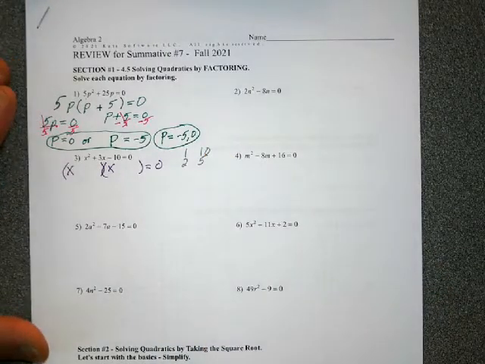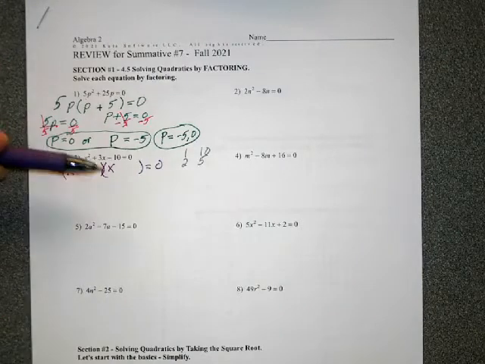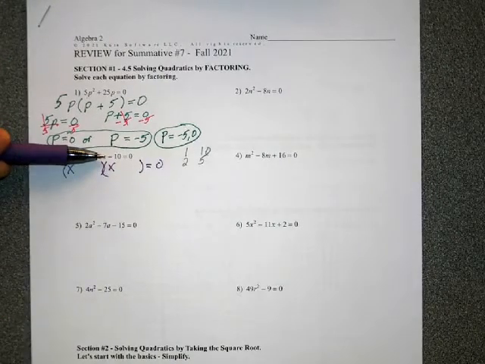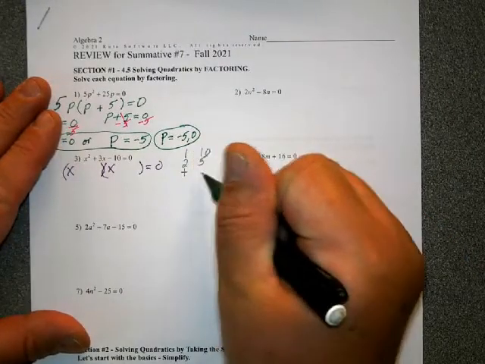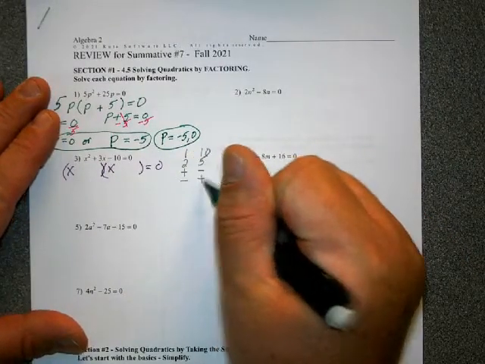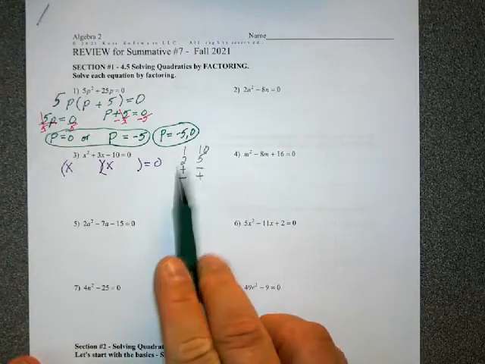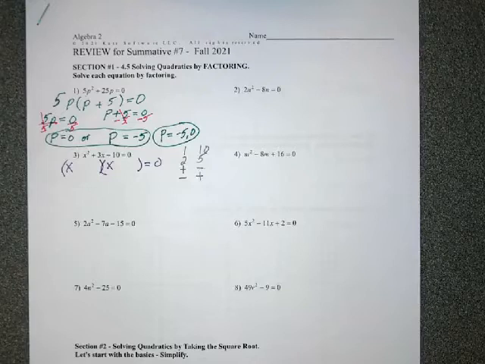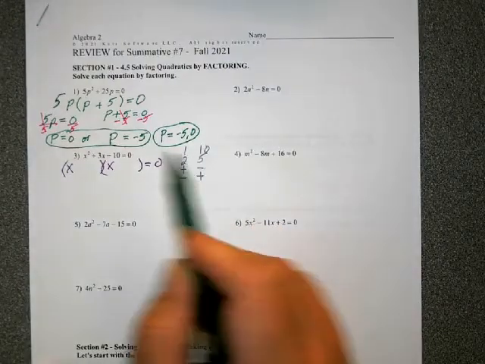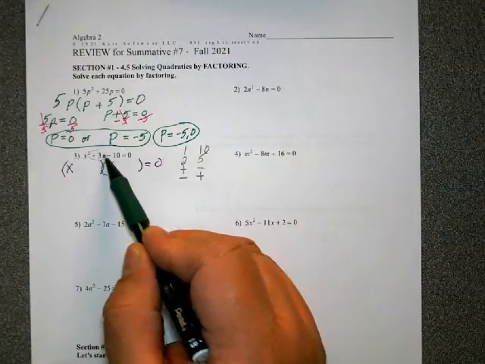That's it, right? The signs have to multiply to a negative, so it's going to be a positive times a negative or a negative times positive. So since they have different signs, we're going to be subtracting our factors, right? And when we subtract them, they're going to have to subtract to a positive 3.